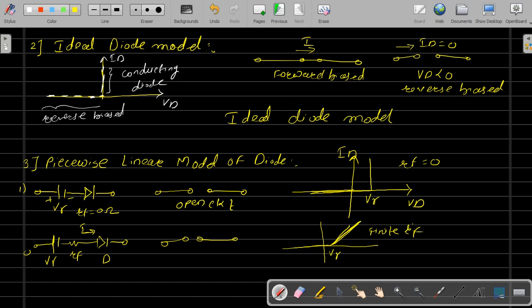So this is a very short overview of the diode equivalent circuits. In your exams, a question may come like short notes on diode equivalent circuits. In that you have to explain those three methods for diodes, that is the ideal diode model, the practical diode model, and the piecewise linear model of a diode. Thank you.